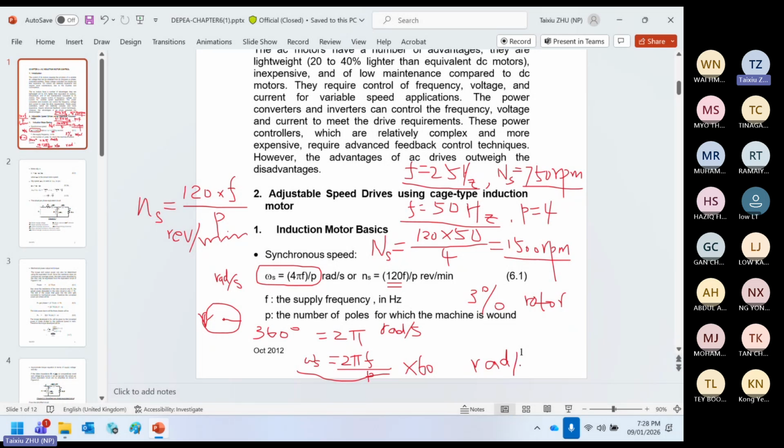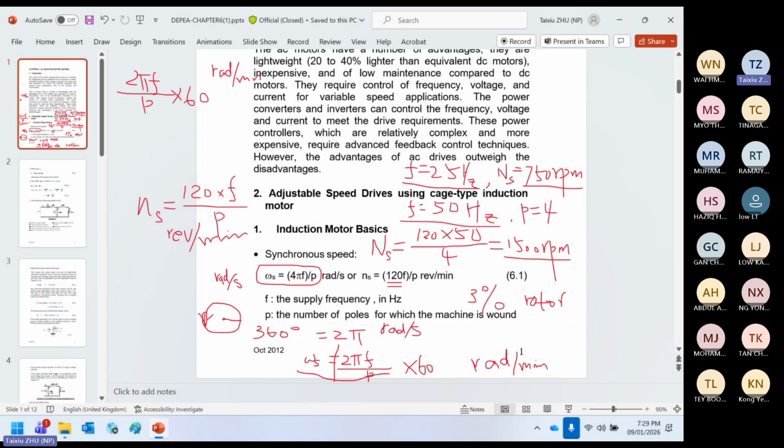So this one you get radians per minute. Now, 2 pi f divided by p, times 60, gives you radians per minute.